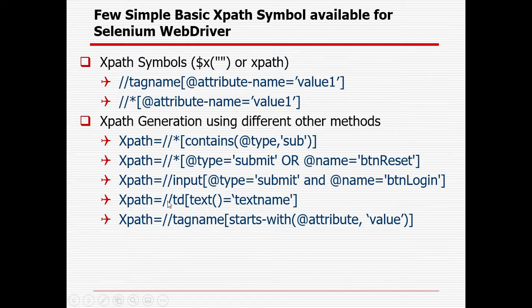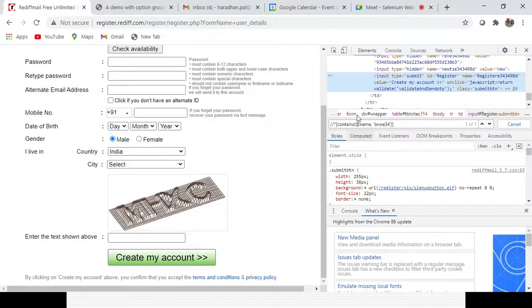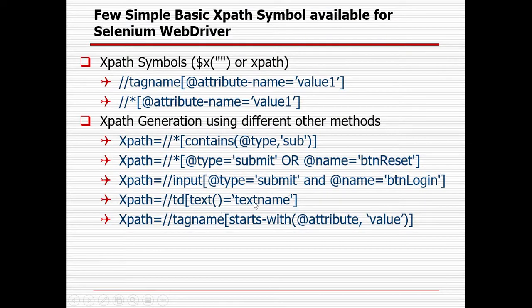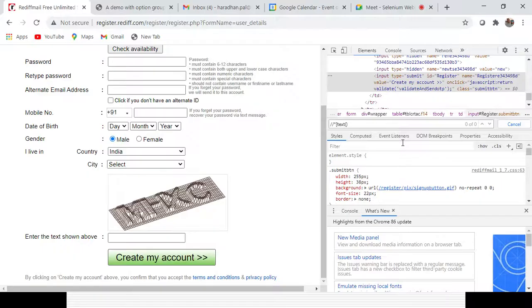So double slash, then you can use star or the input tag name, that will be input, and then a square bracket. Here I will use text, open bracket, text, close bracket, and here you need to give the text, with an equal to sign, and here what is the text?